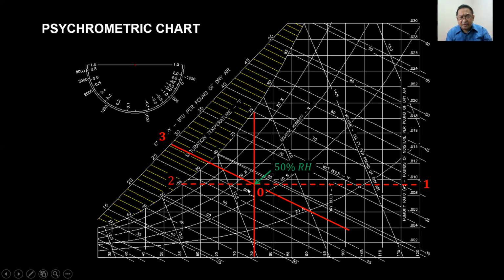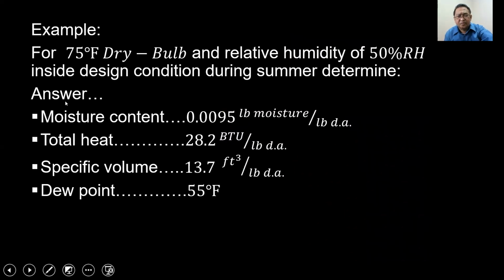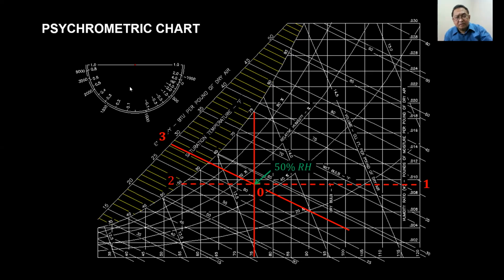So 75 dry bulb, 50% RH, and you can find the moisture content here. You can read it from here. So the result will be 0.0095 pounds of moisture per pound dry air, and the total heat will be 28.2 here. You can find the total heat here.